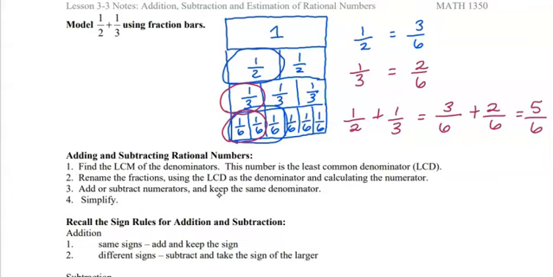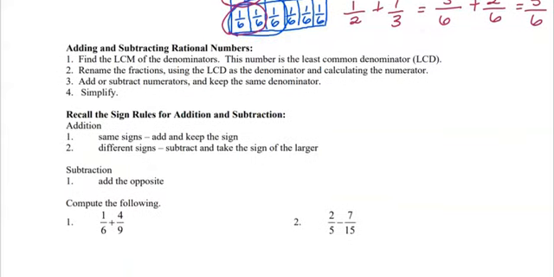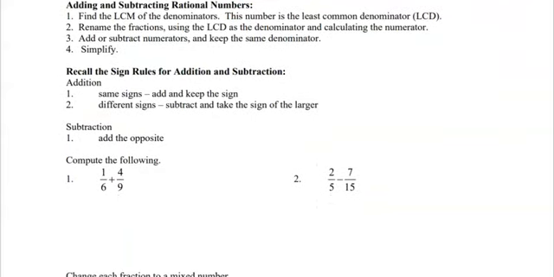Now, after you model getting a common denominator by making the pieces the same size for a while, then you will move into the way of getting a common denominator without having the manipulatives. So your first step is to find the least common multiple of both denominators, and then you rewrite the fractions, making both denominators that least common denominator.